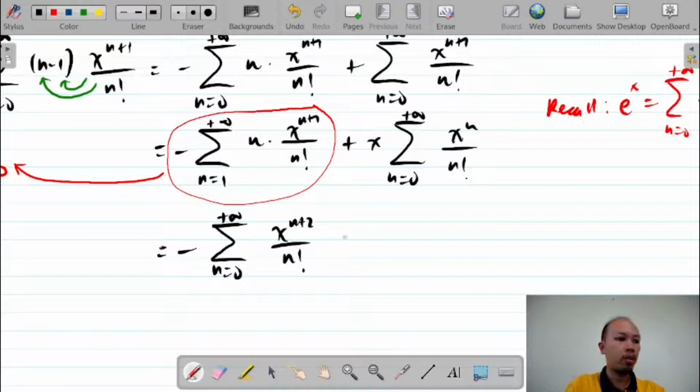Okay, why is this? Why do we need to write the first term as, are they equivalent?